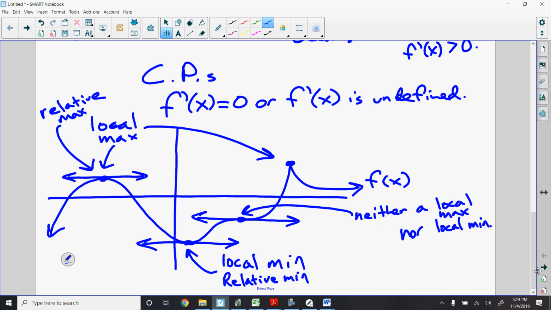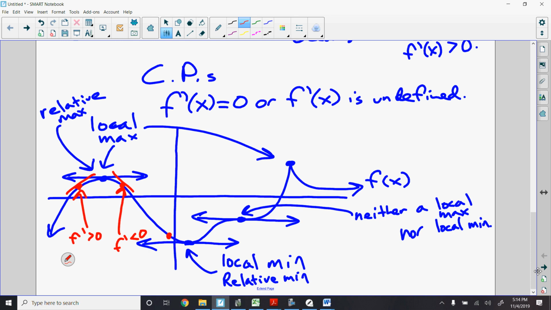That means f prime on this side is a positive number. And then on the right side, f prime became less than 0 over here. Whereas on a local min, it's the reverse.